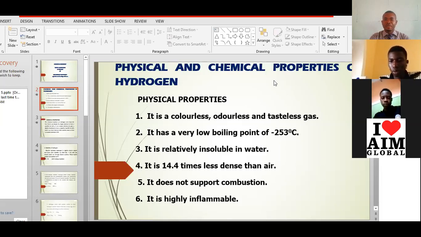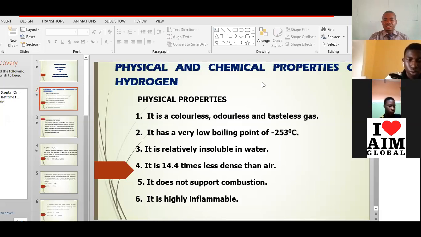Tritium is radioactive in nature. All of them have just 1 proton, 1 electron, and different numbers of neutrons.